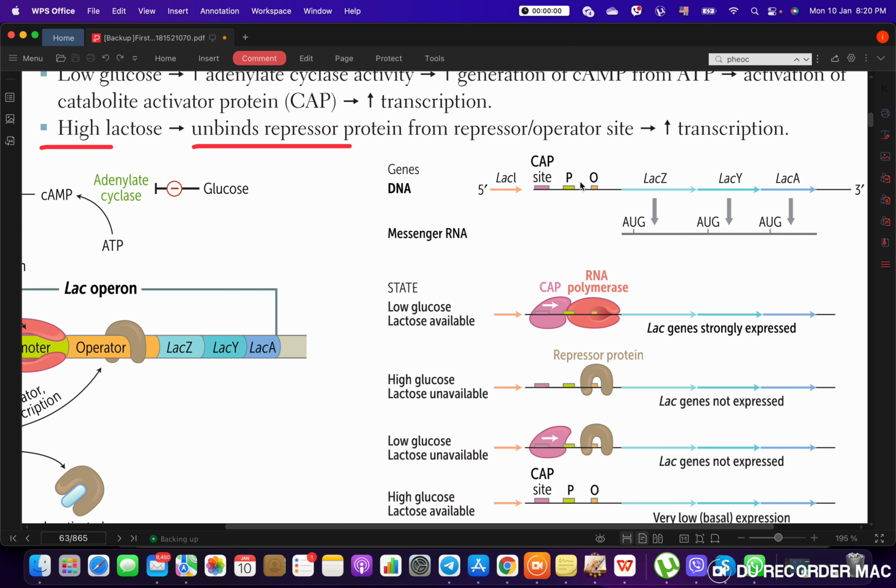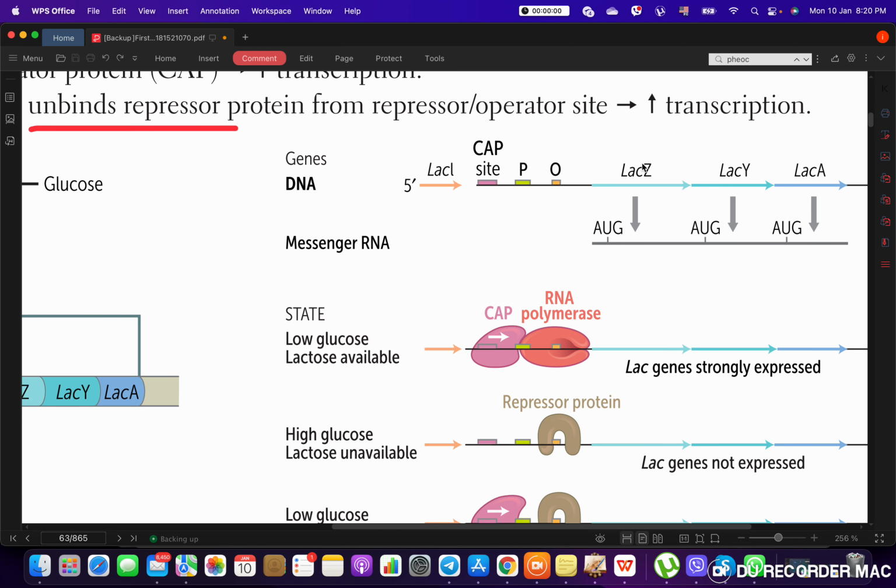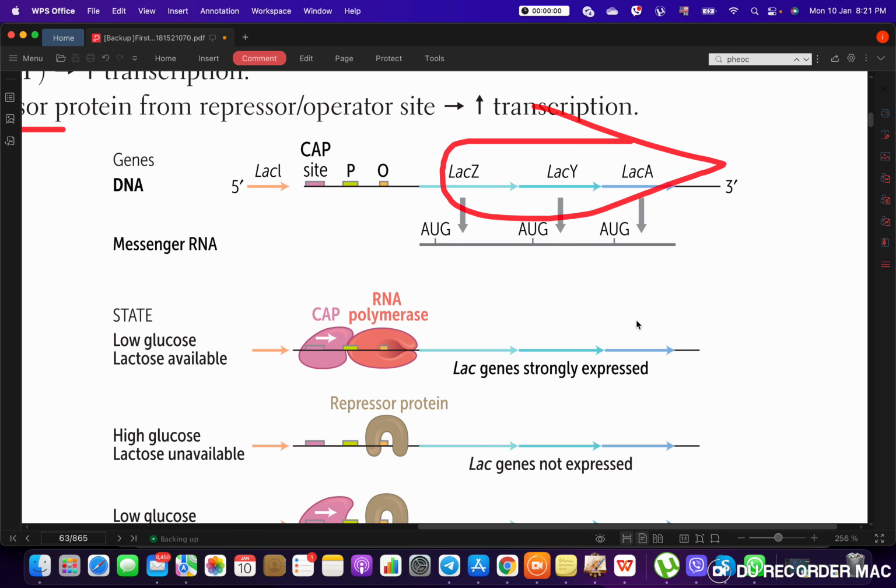At the promoter site, we have the polymerase located, which was activated by the CAP. And at the operator site, we have the repressor binding here. What was able to remove the repressor from its place? The lactose, absolutely. So now we have the 3 genes encoding for 3 enzymes. You don't have to know their names.